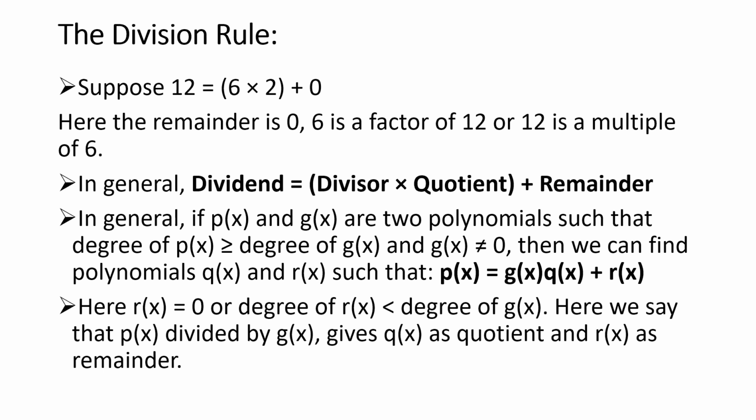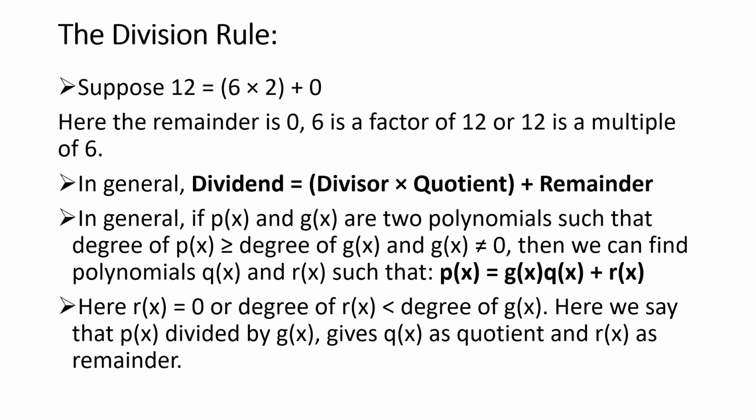The same holds for polynomials. In general, if p(x) and g(x) are two polynomials such that the degree of p(x) is greater than or equal to the degree of g(x) and g(x) is not equal to 0. Why? Because we are dividing by g(x). Then we can find polynomials q(x), which is the quotient polynomial, and r(x), which is the remainder polynomial, such that p(x) = g(x) × q(x) + r(x).